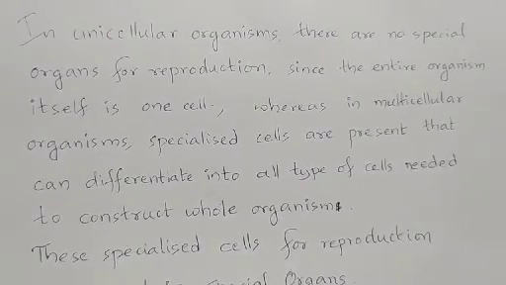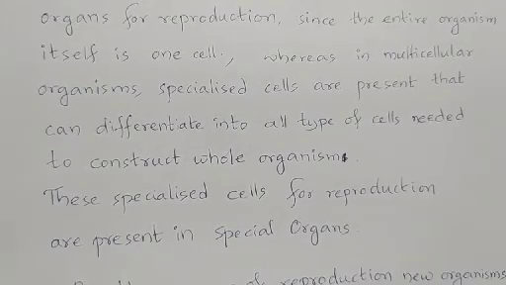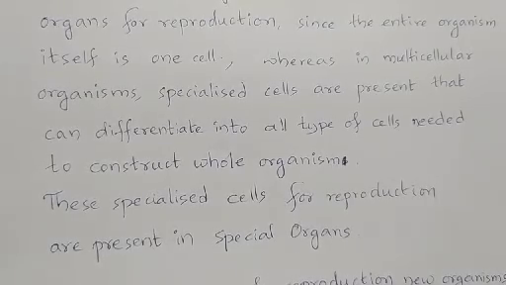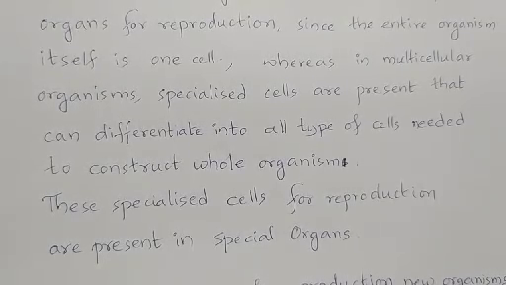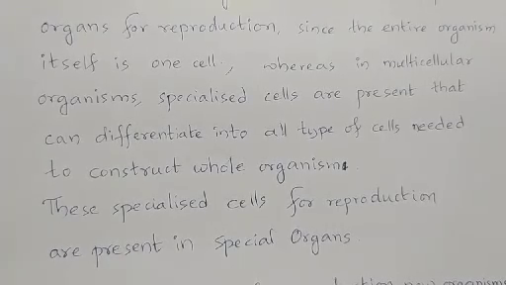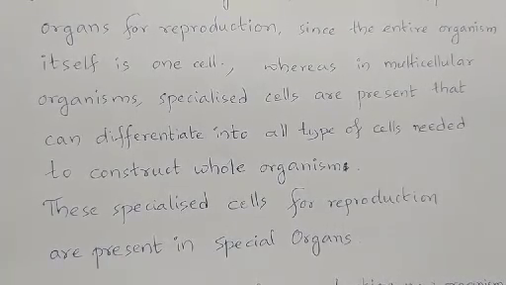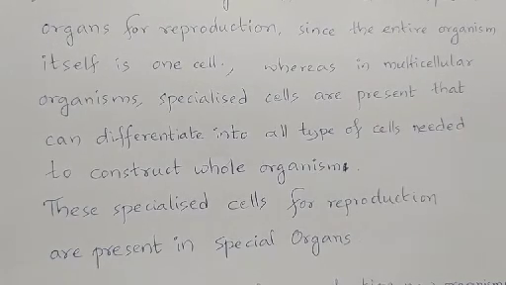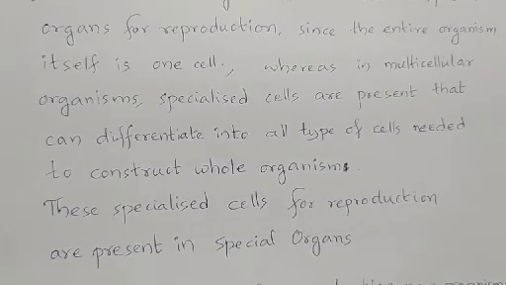Right? These specialized cells for reproduction are present in special organs. Using these specialized cells produced by the special organs, reproduction is carried out in multicellular organisms, whereas in unicellular organisms, only by means of fission, the reproduction is carried out.